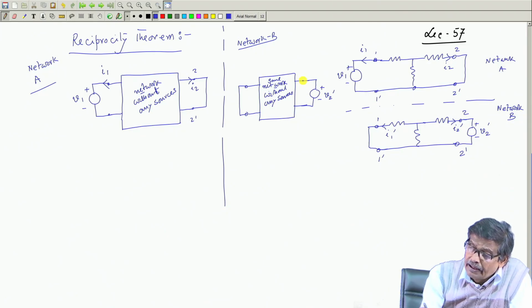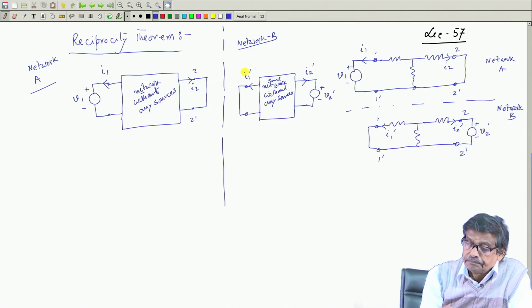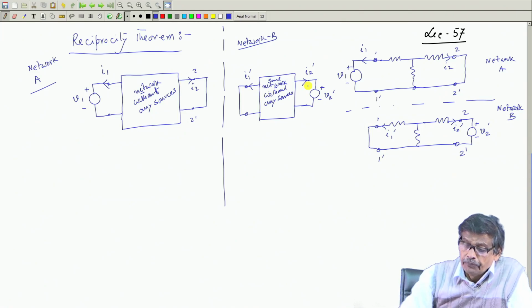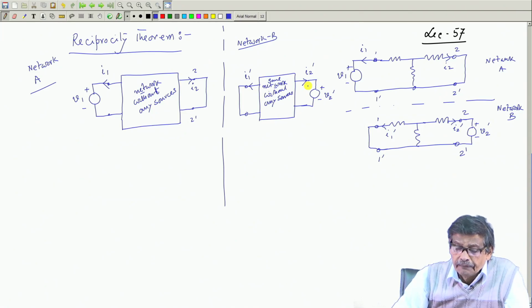Therefore, I say that this current is I2 dashed and this current is I1 dashed. So, all quantities in this network I will denote by prime letters like this. Therefore, I will be able to apply.